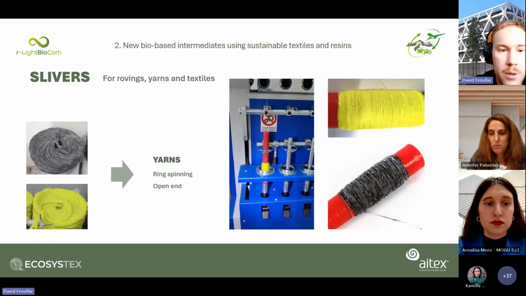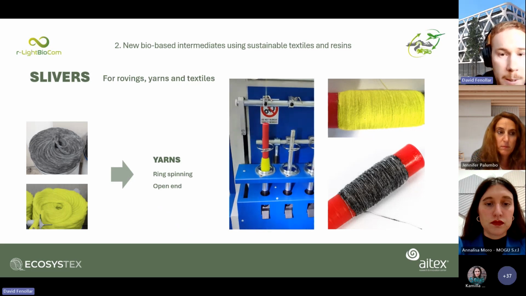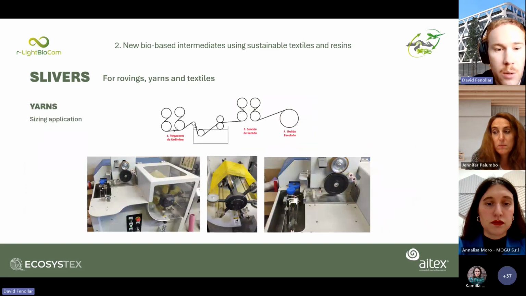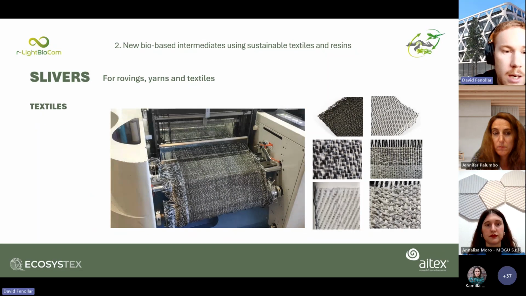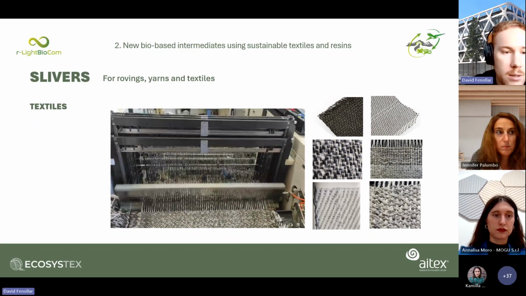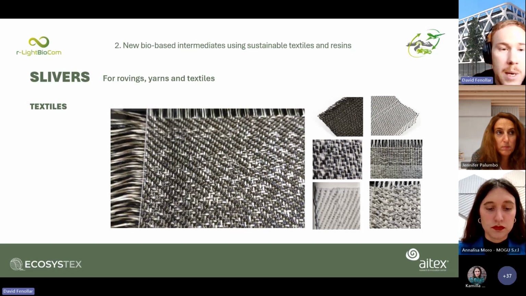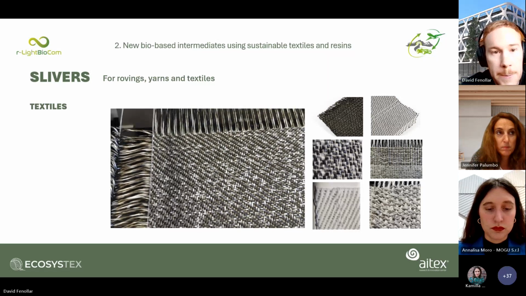Also, we are producing yarns by ring spinning and open-end spinning, and after we process them to apply the sizing, we process them in our weaving machine for the obtention of textiles from recycled carbon fiber, recycled aramide, and recycled basalt for high-performance composites.